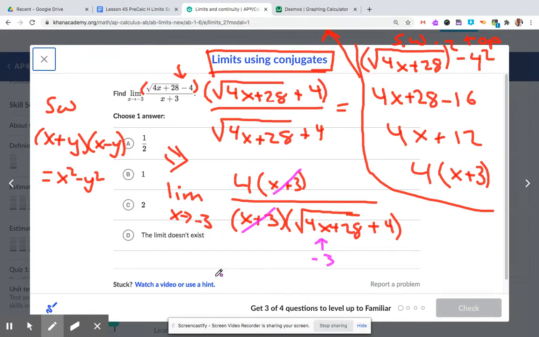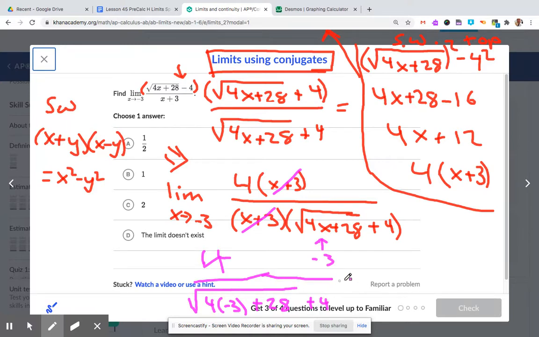Okay, so the answer would be 4. I didn't do that on purpose. That was the mouse. On the bottom is 4 times negative 3 plus 28, and all of that plus 4. All of this is on the bottom of that fraction.